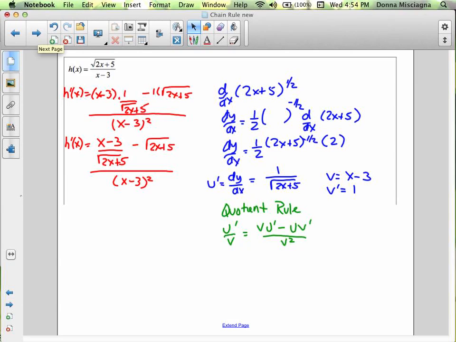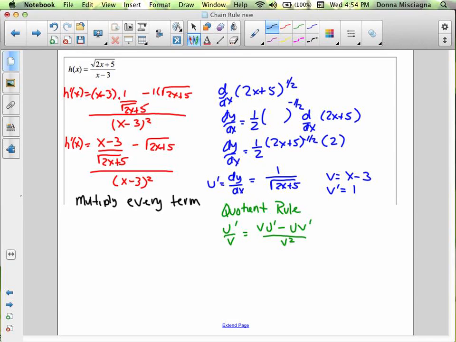Now we can make this not be a complex fraction anymore by multiplying every term by the least common denominator to eliminate complex fractions.